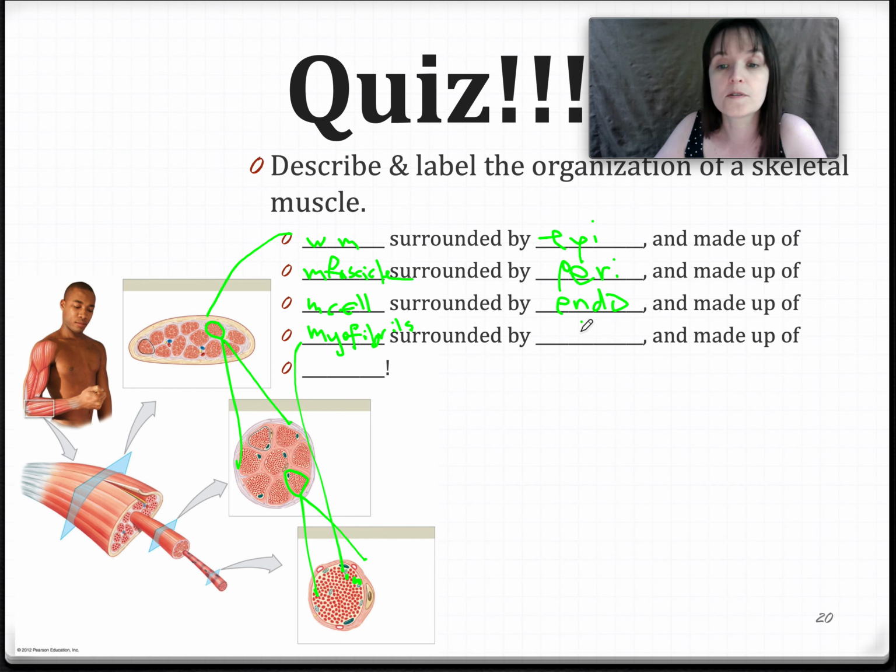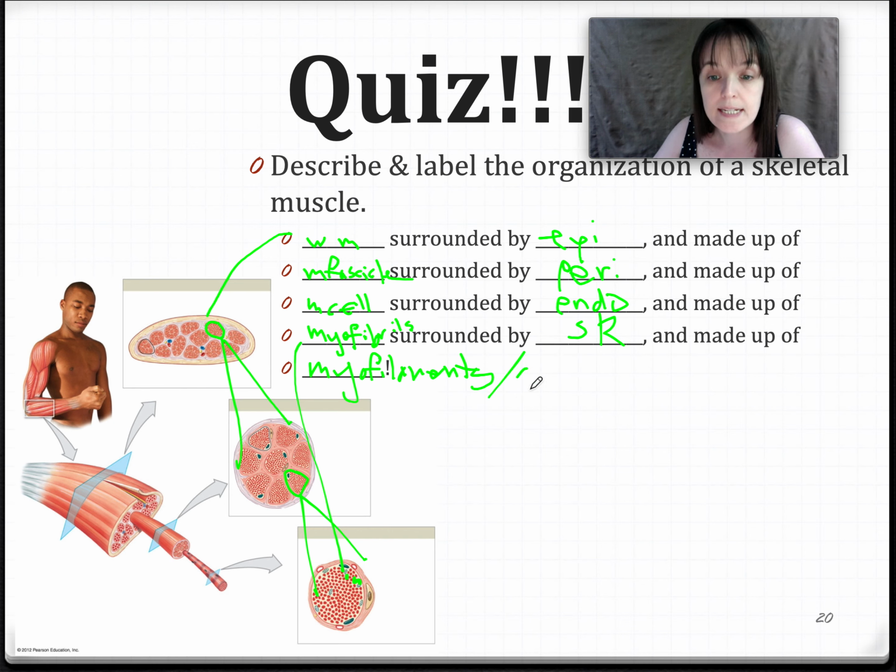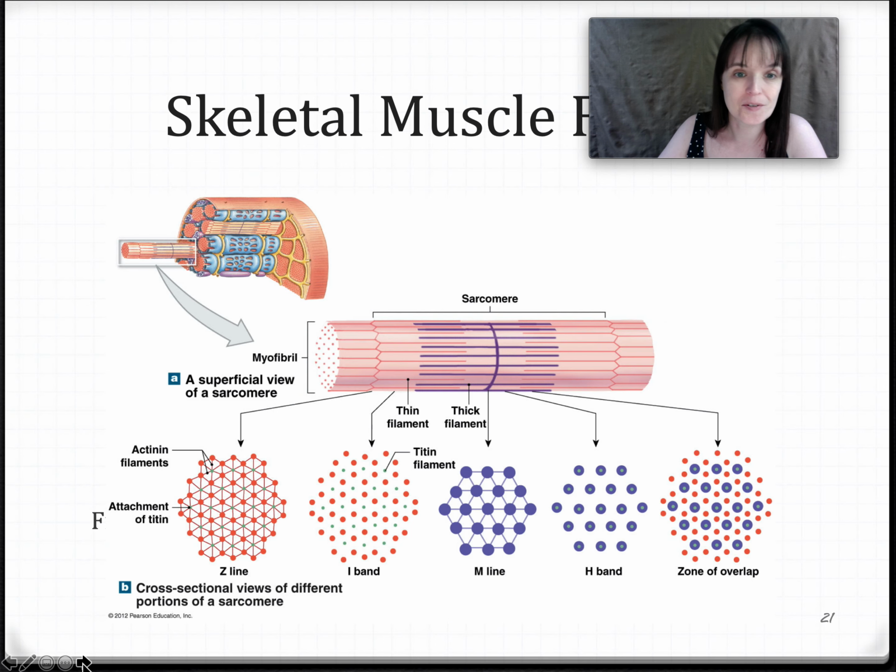And the myofibrils are surrounded by sarcoplasmic reticulum, and the myofibrils are made of myofilaments. Which are organized in sarcomeres. Got it.